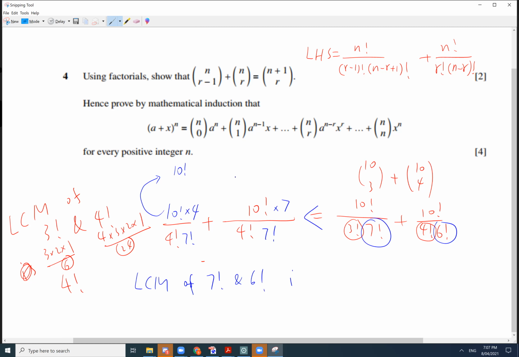So you get 10 factorial times by 11, because 4 plus 7.